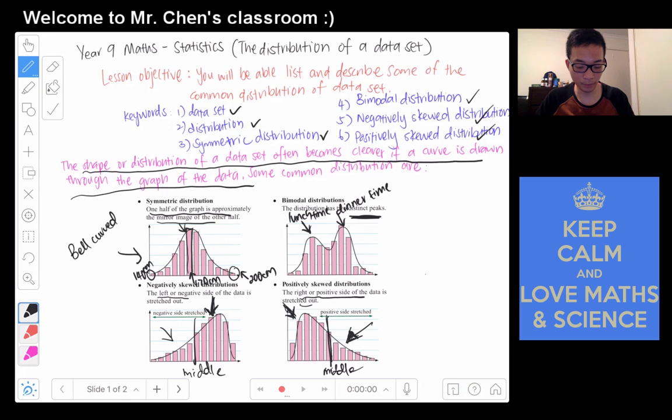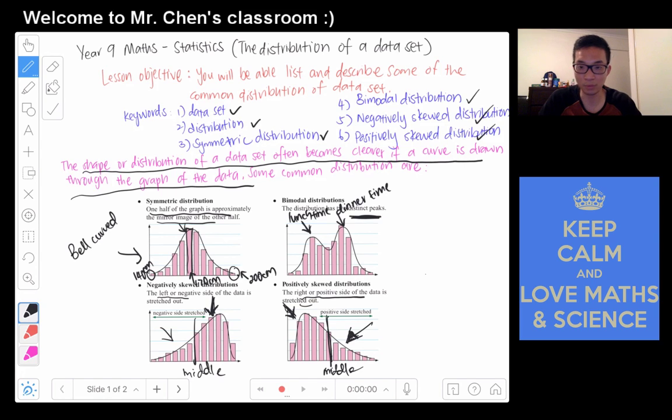So yeah, probably one example, if I'm going with a negatively skewed distribution, it can be if you survey how many people like to play basketball compared to dancing.